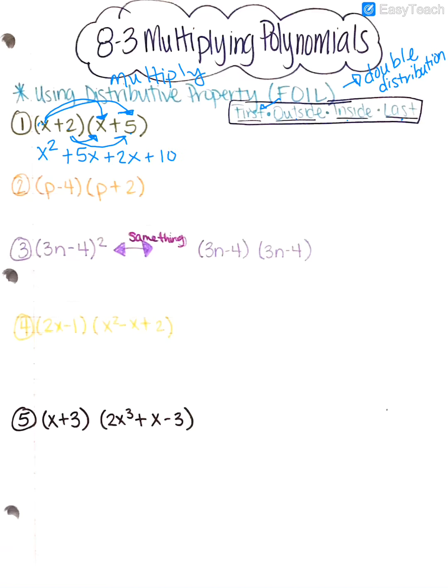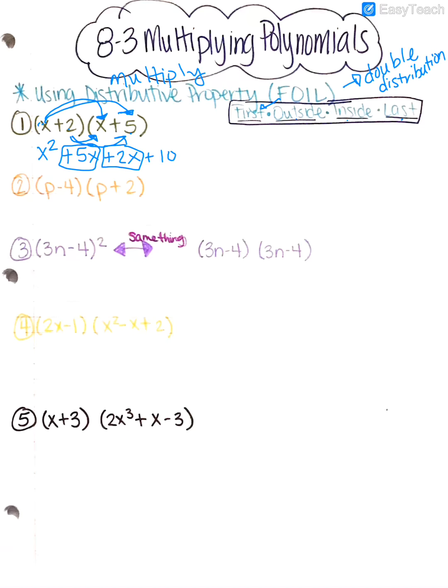Now you're going to check if you can combine any like terms. So we can see that we can combine the middle terms. So you're going to combine these two. And for the most part, once you do double distribution, you can always combine the middle terms, because they're going to have the same variable.